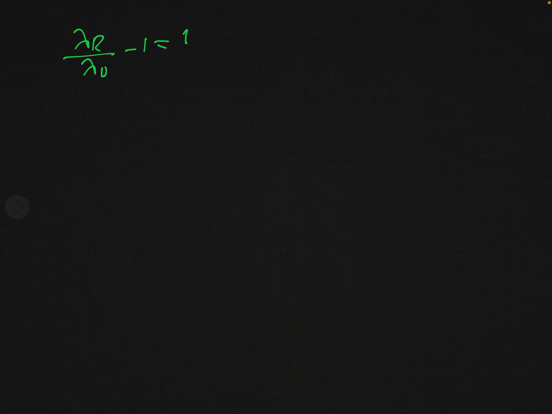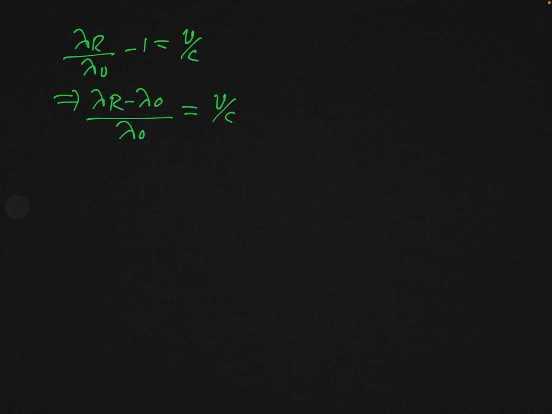Now take this 1 to the LHS, and our result will be lambda r by lambda naught minus 1 equal to v over c. And so you can say this is lambda r minus lambda naught over lambda naught, and this is equal to v over c.